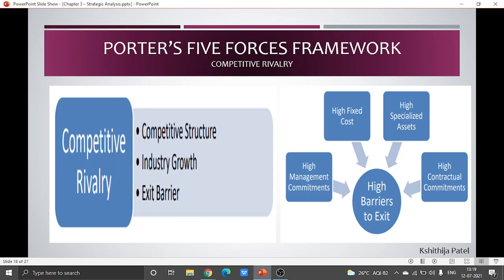It refers to the size of the competition, the number of competitors, and the diversity of the competition that exists in an industry.